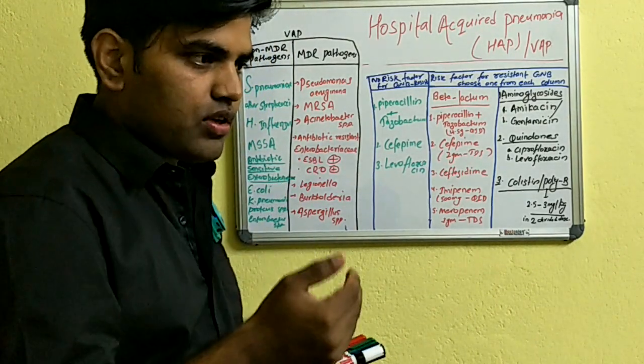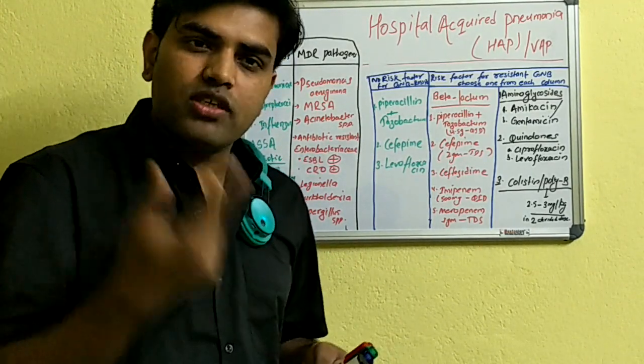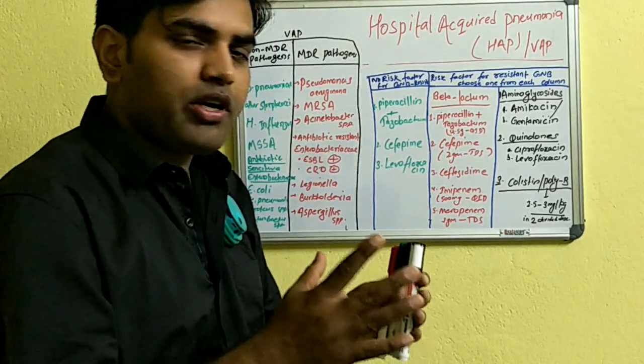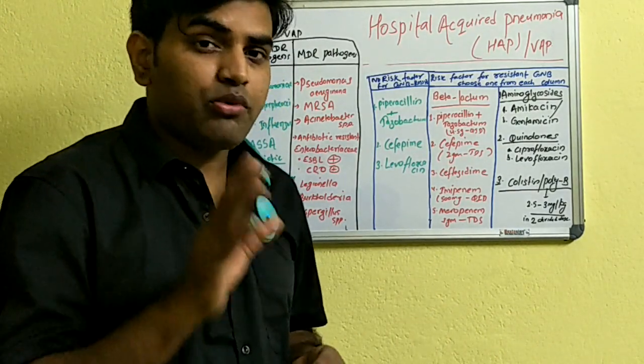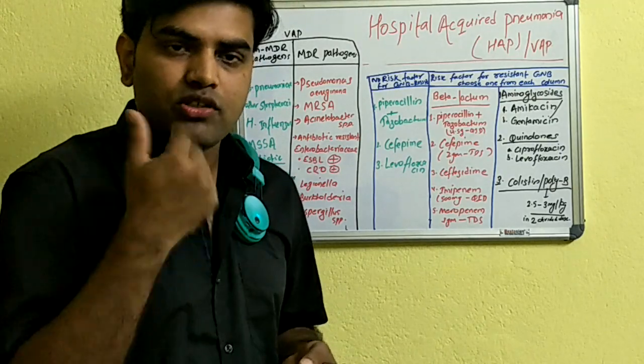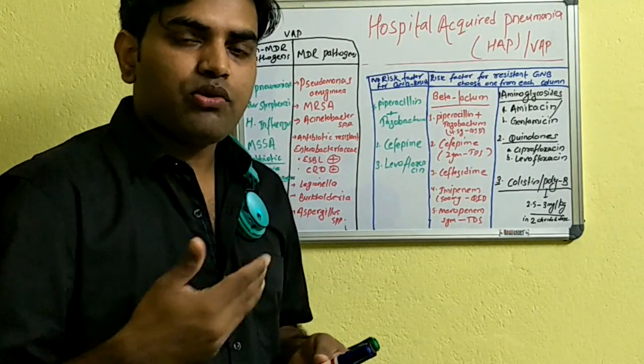So if any person is getting repeated infection with the same organism, you are giving the appropriate antibiotic, but you are also isolating the same organism, then you have to consider biofilm formation on the endotracheal tube, because that is not going to improve with your antibiotics.